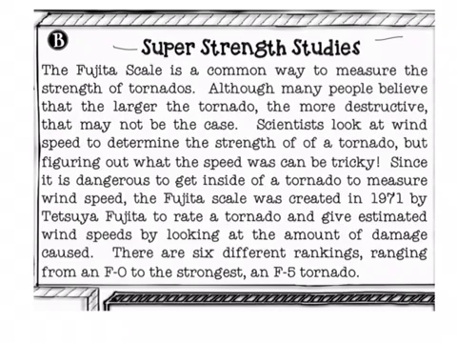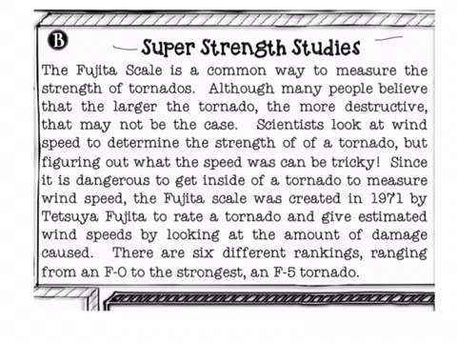The Fujita scale is a common way to measure the strength of tornadoes. Although many people believe that the larger the tornado, the more destructive, that may not be the case. Scientists look at wind speed to determine the strength of a tornado, but figuring out what the speed was can be tricky.